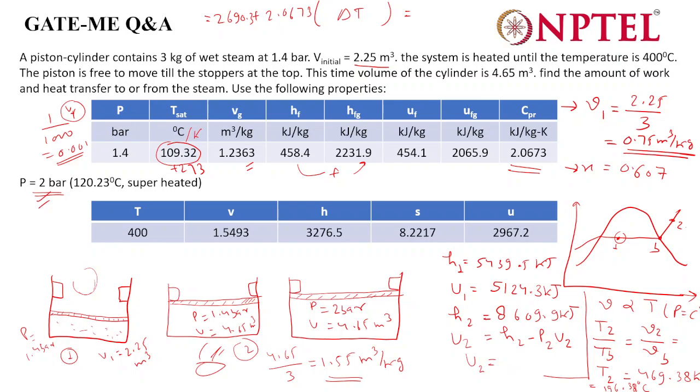Okay, just give me. 7958.9. 7958.9 kilojoule. Anyone? One more person calculate.